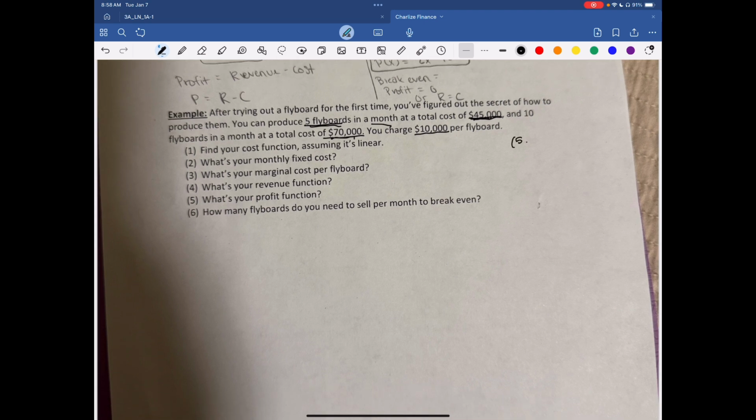So 5, where X is the number of flyboards and Y is the cost to produce each flyboard.